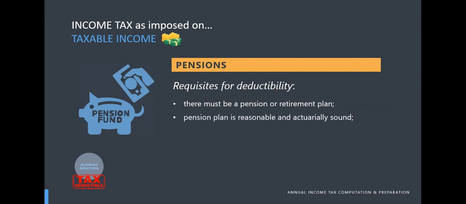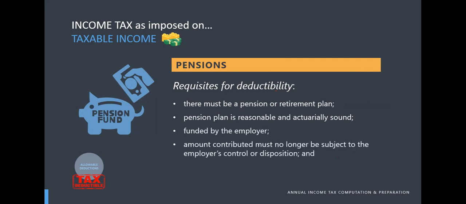So that is just based on what was actually paid upon the retirement. Next, the pension plan is reasonable and actuarially sound, funded by the employer. The amount contributed must no longer be subject to the employer's control or disposition, and payment has not therefore been allowed before as a deduction.